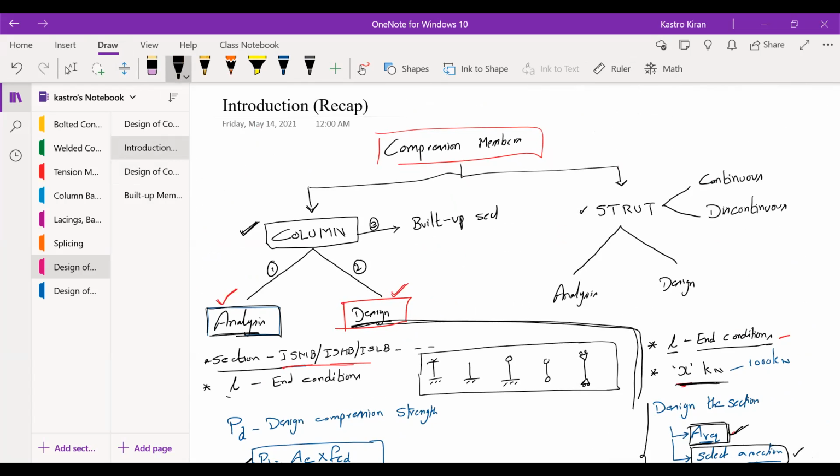This we'll see in the next class. Technically it is not design, we are going to see the analysis of built up sections. We don't need to solve the design process for the time being. So let's look at how to analyze the built up section which is provided. So this we'll see in the next class.